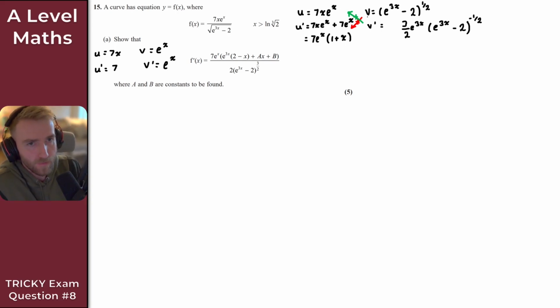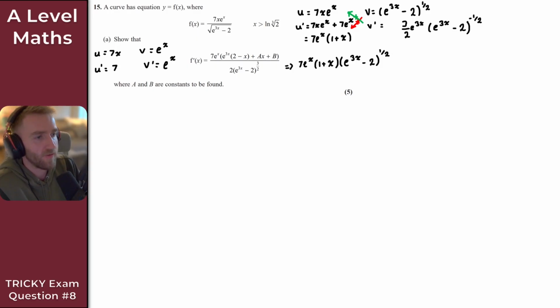I'm going to get 7e to the x bracket 1 plus x times this here. I'll just do this underneath: 7e to the x bracket 1 plus x times by this, so e to the 3x minus 2 all to the power of, I'm going to say minus 1 over 2, but it's just 1 over 2 here. Just be very, very careful with your signs. It's really easy to make a silly mistake like that.